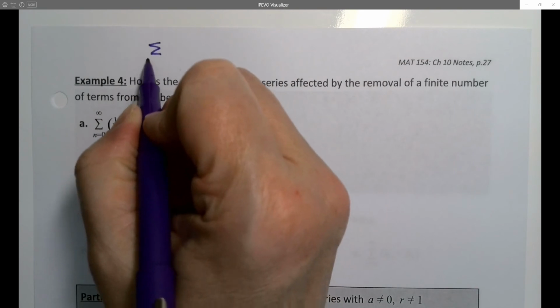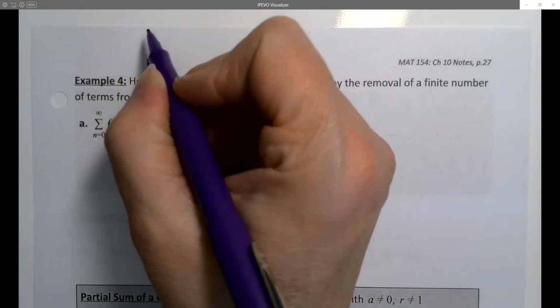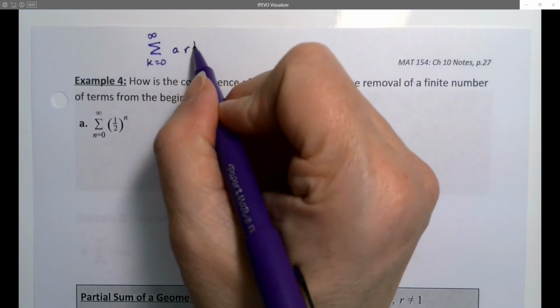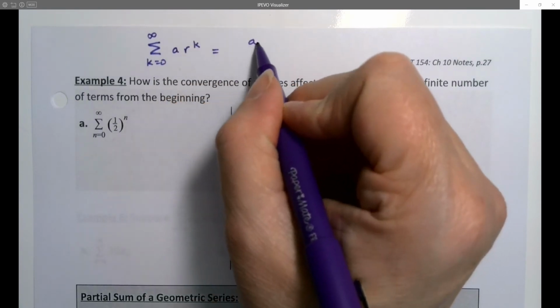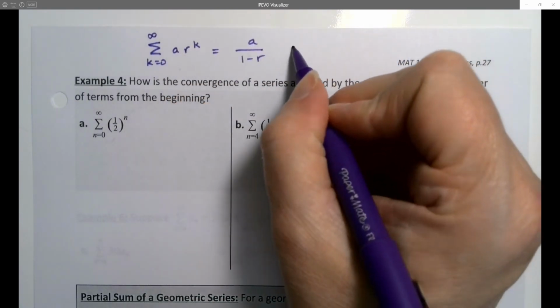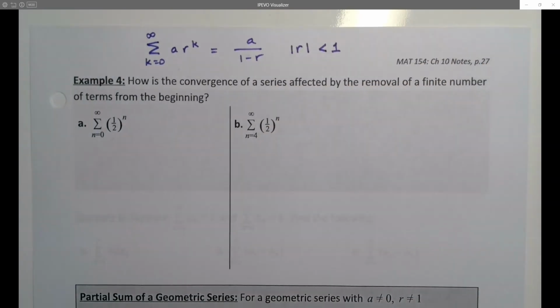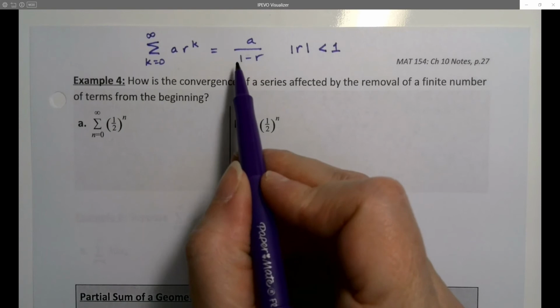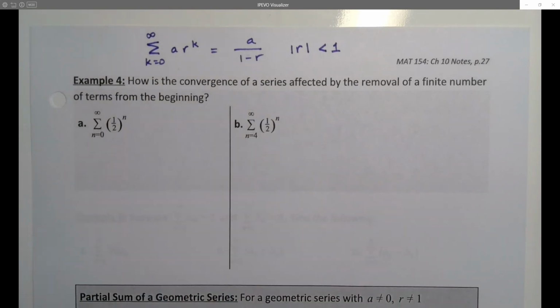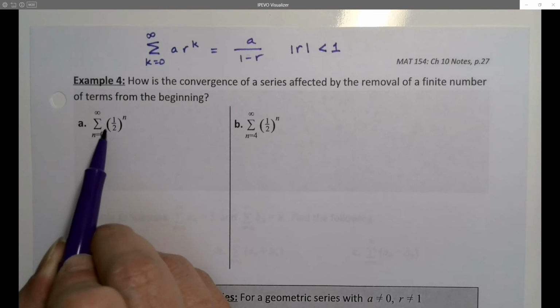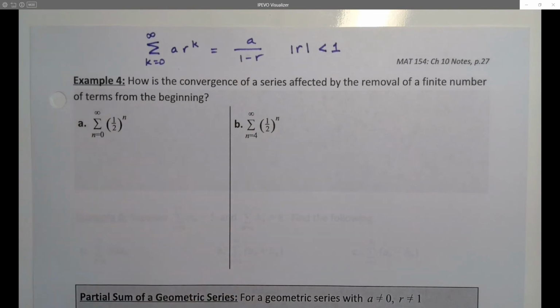So if I have the sum from k equals 0 to infinity of a times r to the k, that would be a over 1 minus r, as long as the absolute value of r is less than 1. If it's greater than or equal to 1, then it diverges. Okay, so if I look here, I've got 0 as my starter, and then a is hidden.